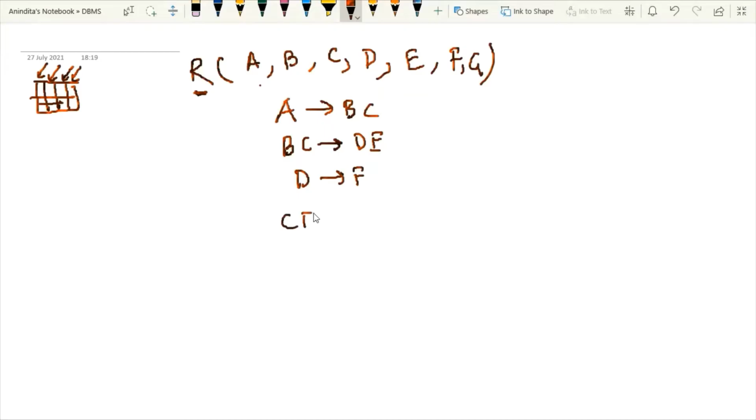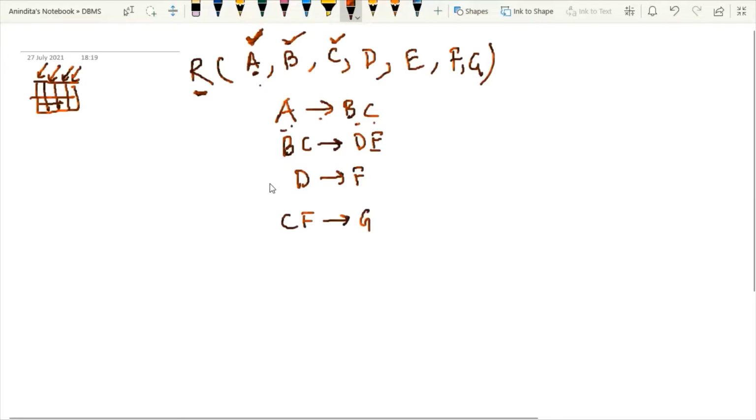So here I am giving you one short recap. What is this functional dependency? The meaning of functional dependency is A arrow BC, meaning if I know the value of attribute A, then I can search the value of attributes B and C. That is, if I know the student roll number, then I can search for its name, and also I can search for its address.